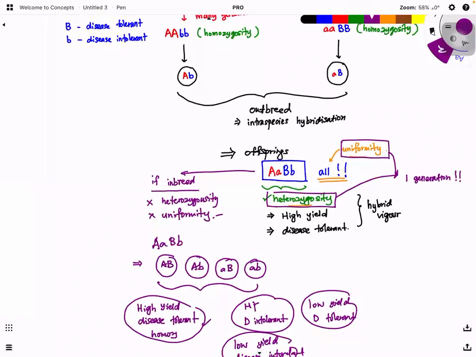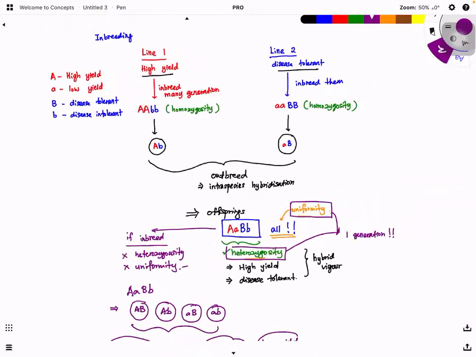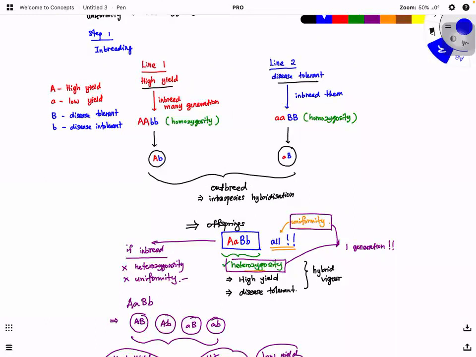Okay, so if you need to take a photo of how we can do this, you can take a photo. This is basically the answer for the activities that I'm going to show you later. So this means inbreeding followed by outbreeding. Inbreeding followed by outbreeding.